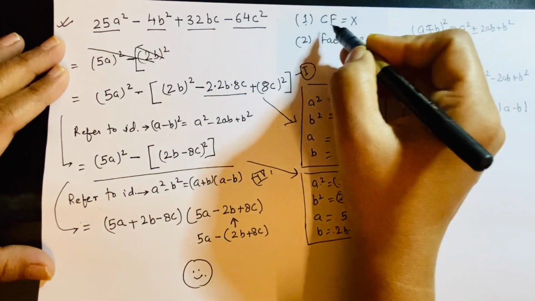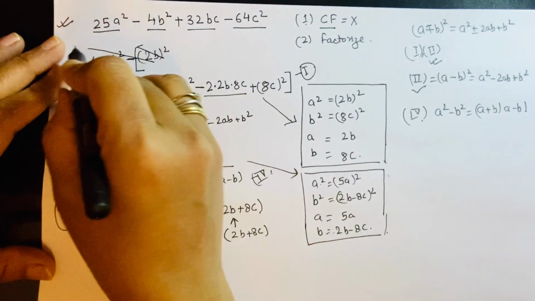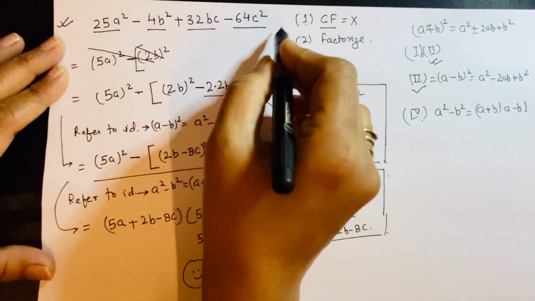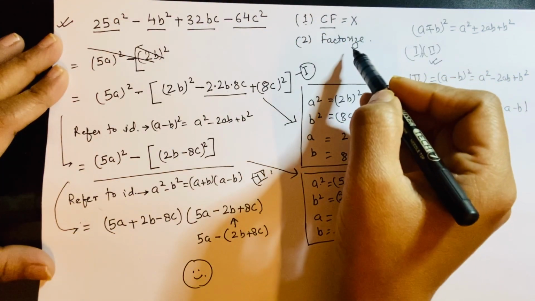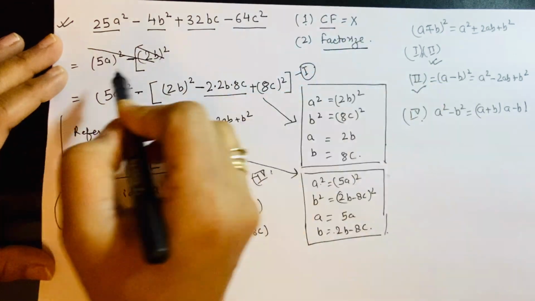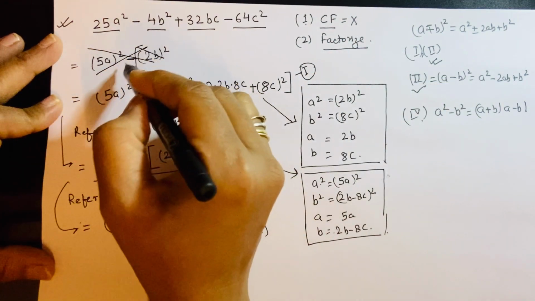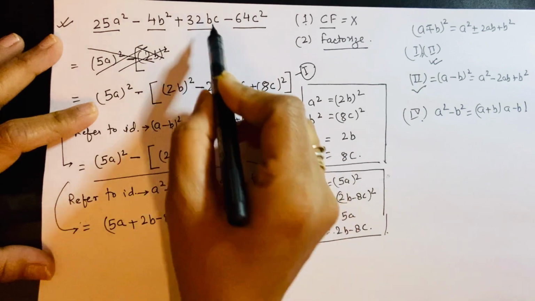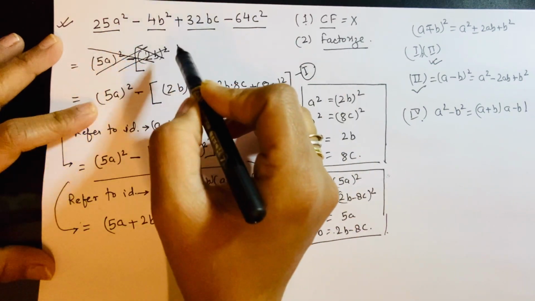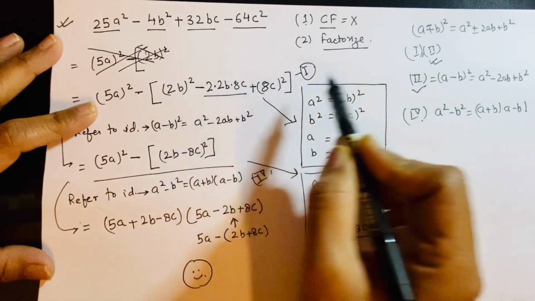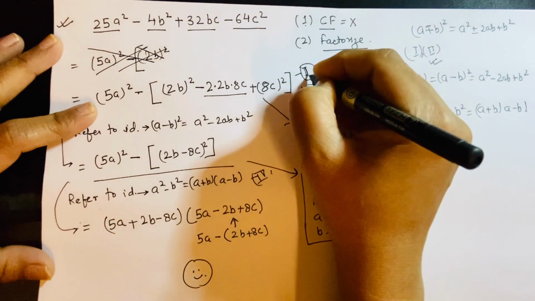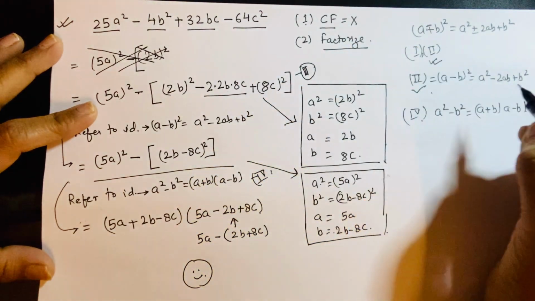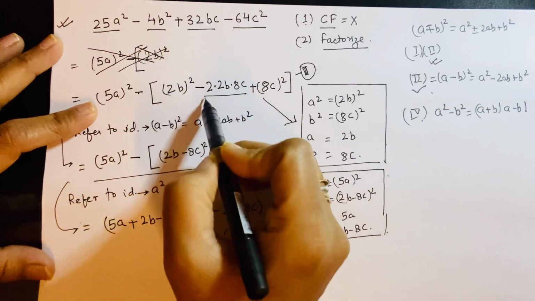After that, try to find out any common factor. There was no common factor here in all these 4 identities. Now the second step is that you will factorize. So while factorizing, we realize that this second part of the equation can be further calculated using identity number 2, because there is a minus in the center.